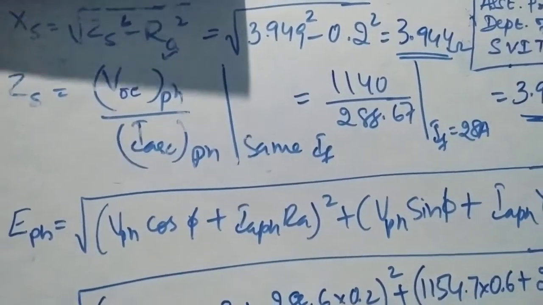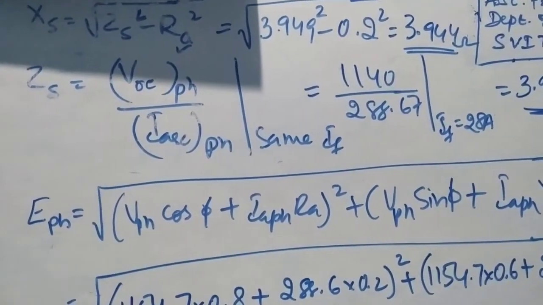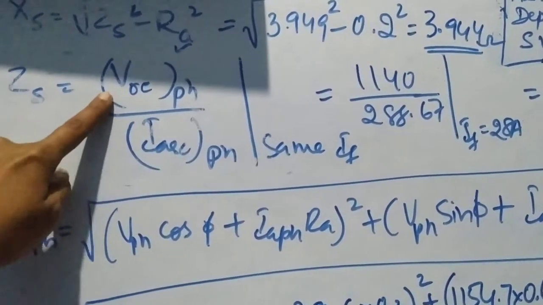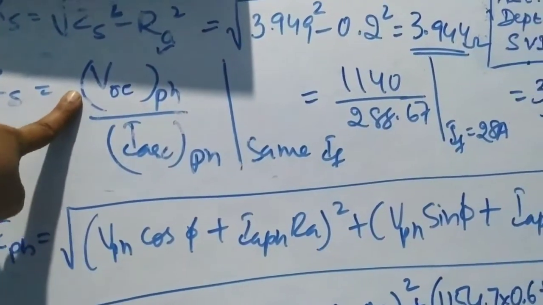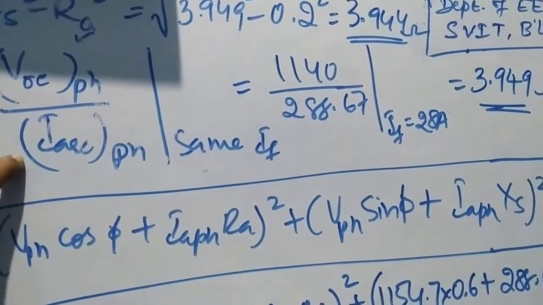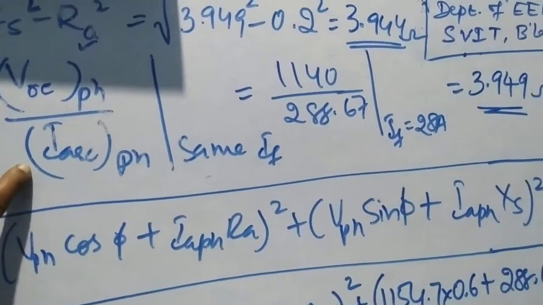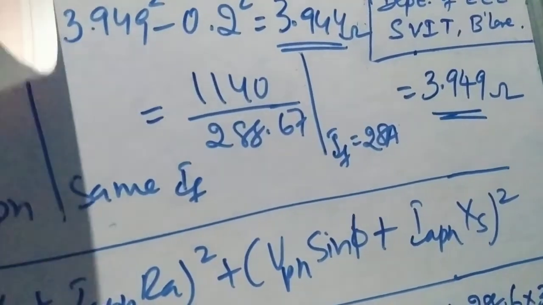So the only change here, as you have observed, is that we have to get the VOC phase from the graph, and the IA phase is from the formula, that is VA rating divided by √3 into VL. Okay, and we need to plot a graph here.